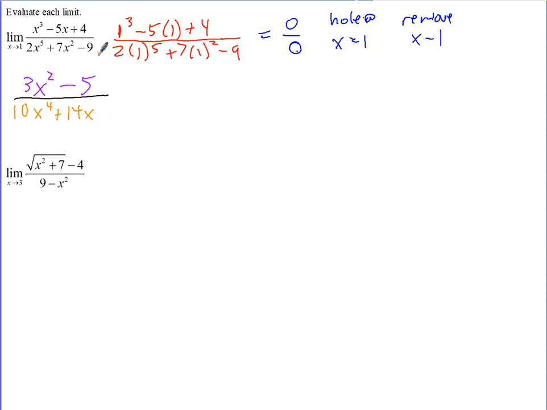And then we can substitute in what x is approaching, 1, so it'd be 3 times 1 squared minus 5 over 10 times 1 to the 4th plus 14 times 1.